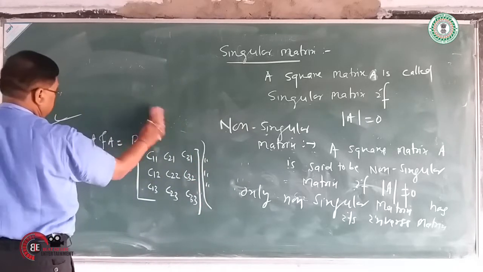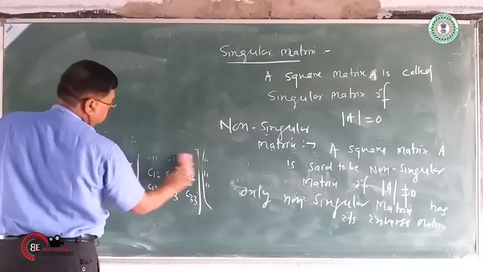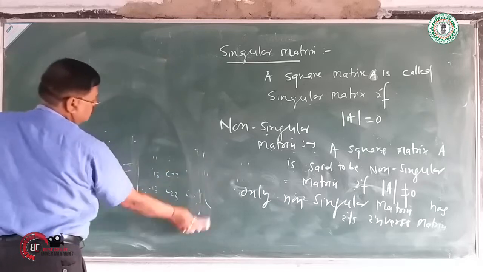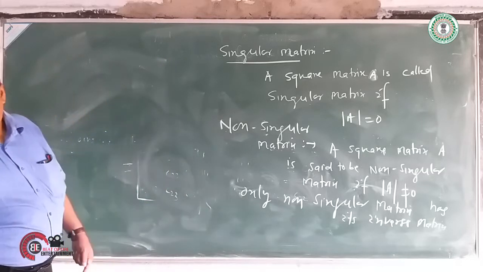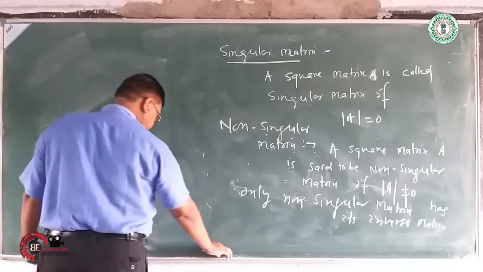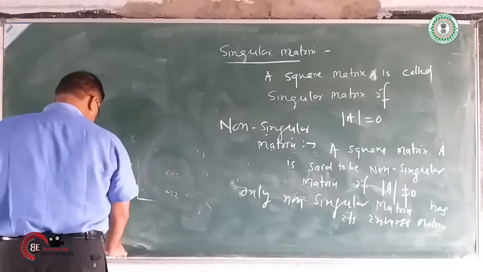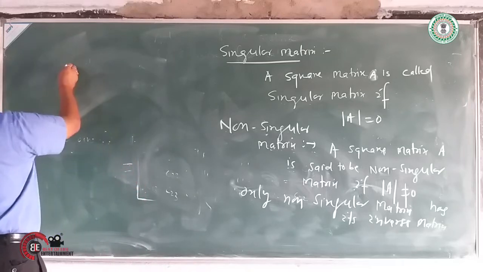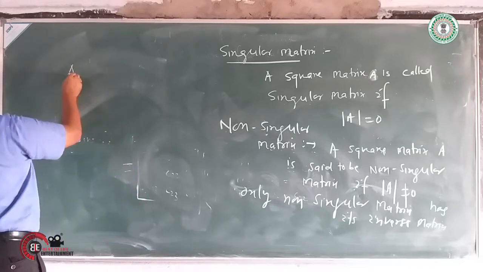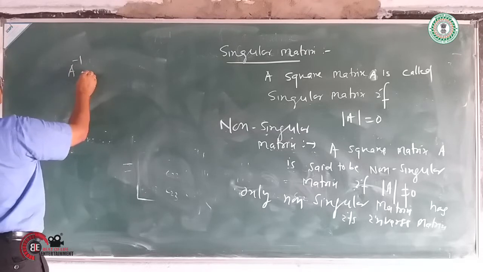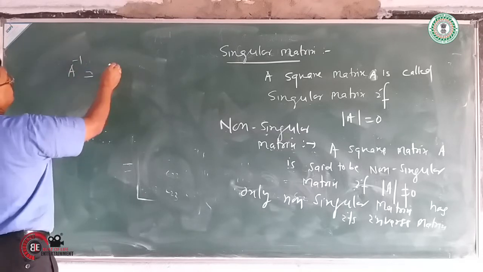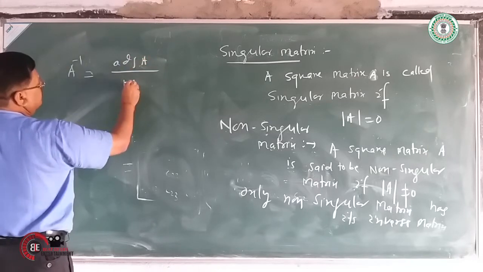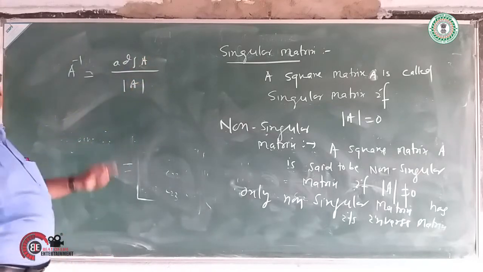So the inverse matrix of A is equal to adjoint A divided by determinant A. This is the formula to find the inverse.